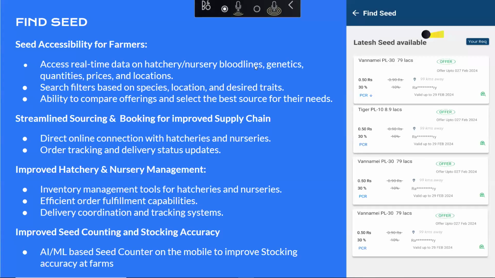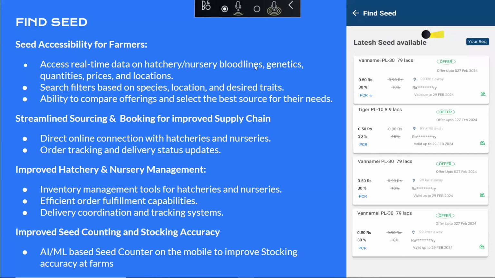Because the hatchery is posting his seed availability today for the next 3 days. Generally, as I said, it is a 3 to 4 days window. The farmer will contact him in the next 3 to 4 days. The farmer who is interested can buy his seed immediately.